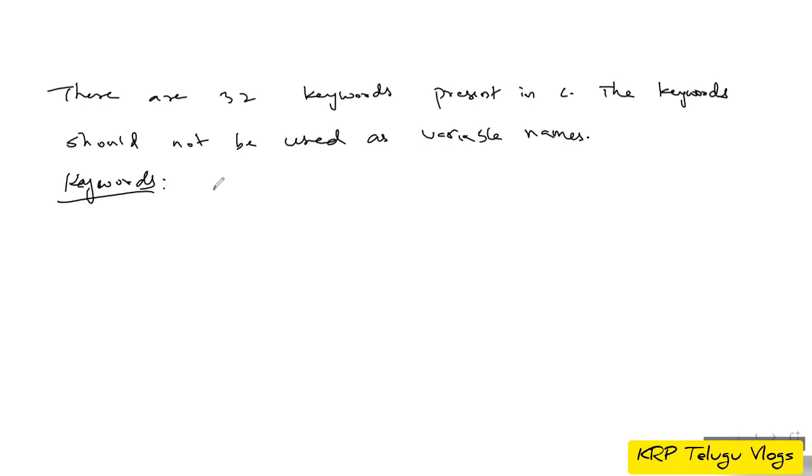Initially we will have data types: int, char, float, double, long, short, signed, unsigned.